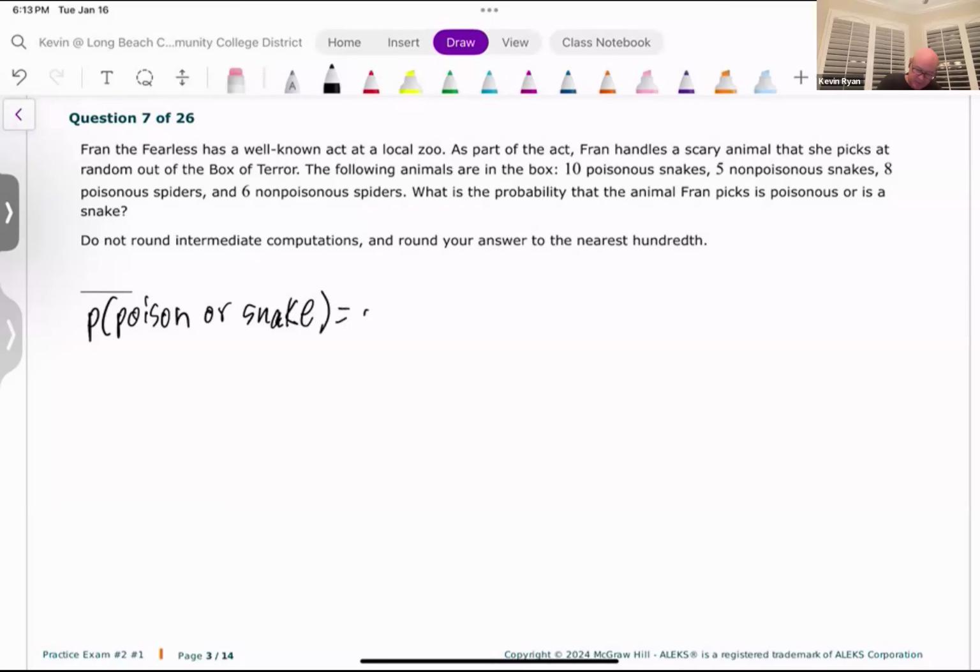This is going to be the probability poison plus the probability that it's a snake minus the probability of poison and snake.